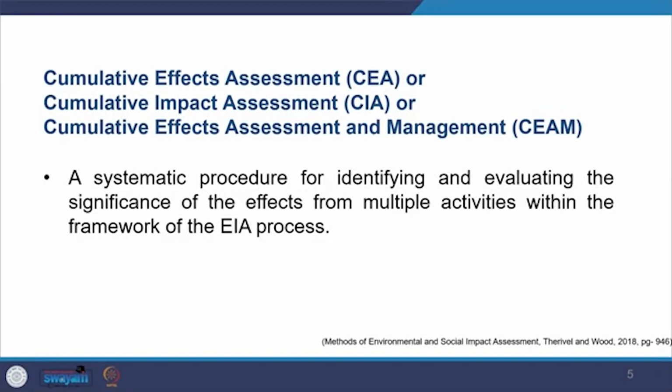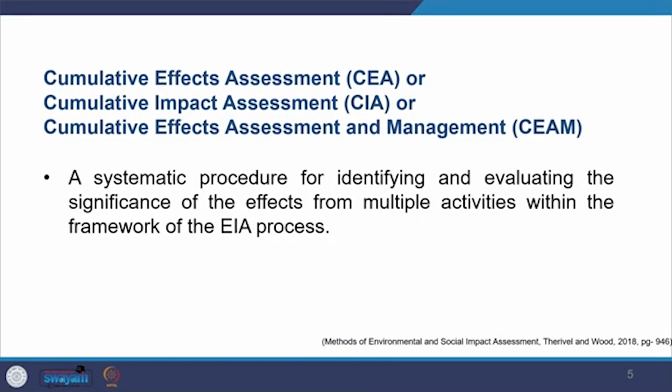Moving forward, we had already seen what cumulative impact is, and we had seen certain examples of that as well. So today we're going to look into the methods part, certain guidelines which are available, and examples of how it is undertaken. Just to recap, what is cumulative effect assessment?